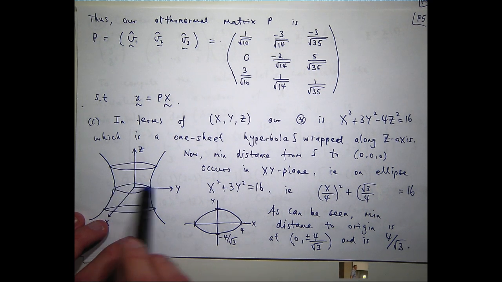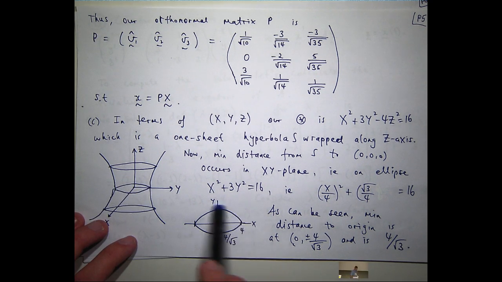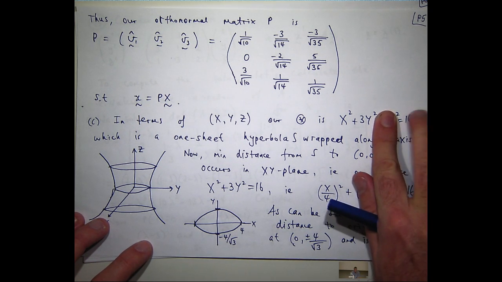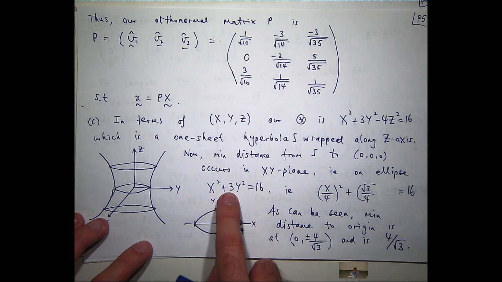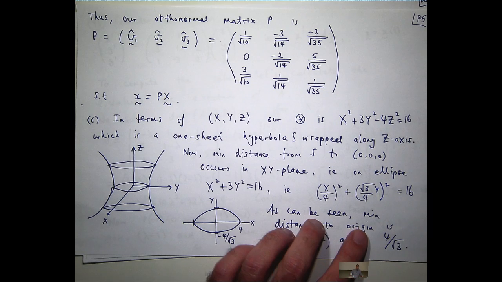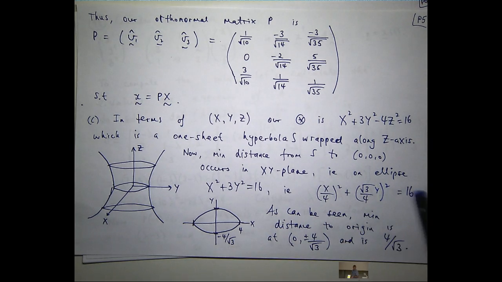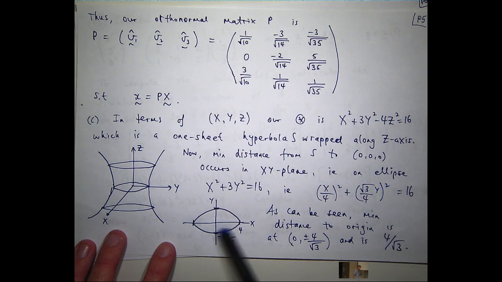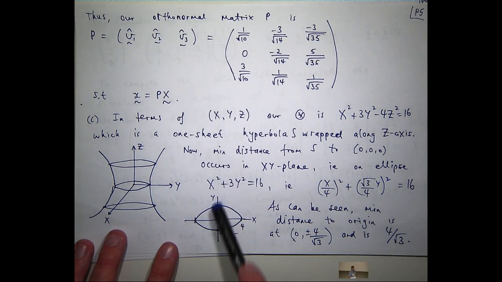Now let's just draw that cross section. It's going to be an ellipse. So basically I just cover up the Z and I've got an ellipse, right? That's it there. If I rearrange that, put it in the standard form, I can draw the ellipse in the XY plane. Now, where's the closest point on that ellipse to the origin?